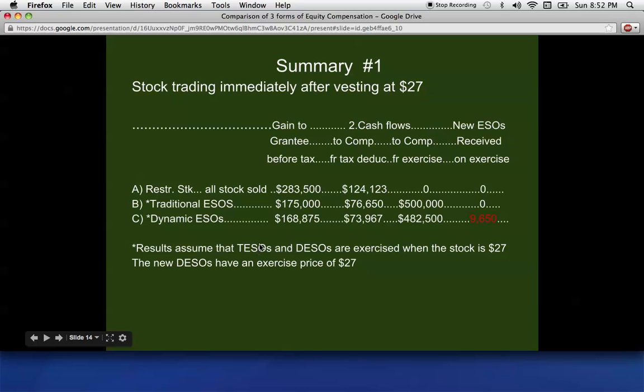Okay, so all of these numbers assume that the dynamic employee stock options are exercised when the stock is 27.